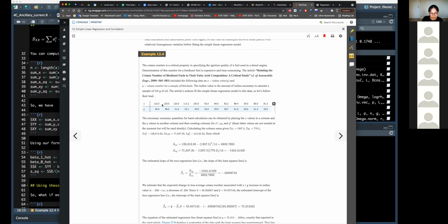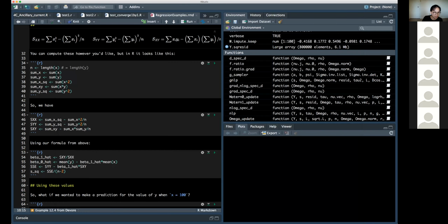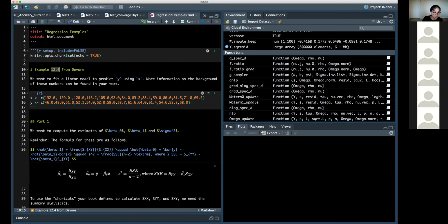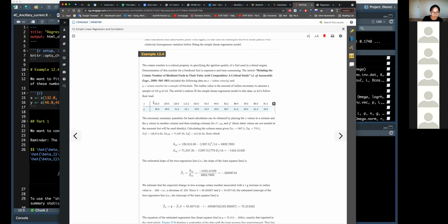Well, let's just take the data and do our calculations. If you really want to know the background, you can read this, and this is from your ebook on level 9. Let's take the data here to R. So we have a vector of X. X is this whole row vector, and Y is this row vector.